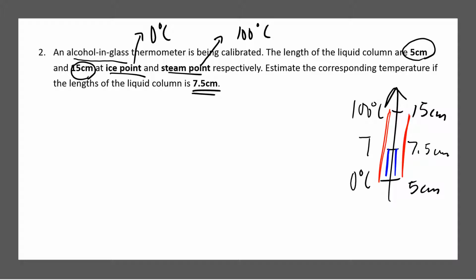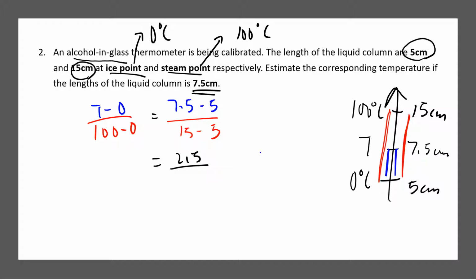So for the left hand side, it's T minus 0 over 100 minus 0. And that equals the right hand side, 7.5 minus 5 over 15 minus 5. So you use some simple mathematics.